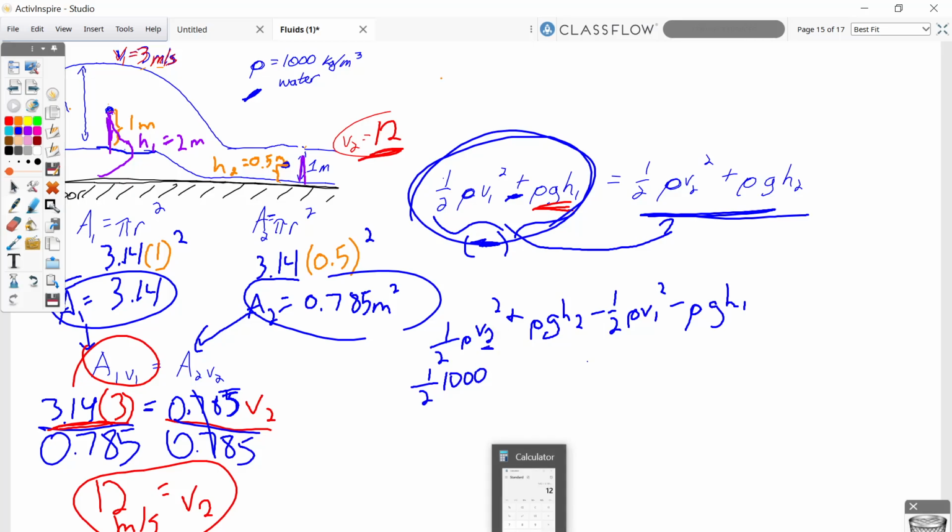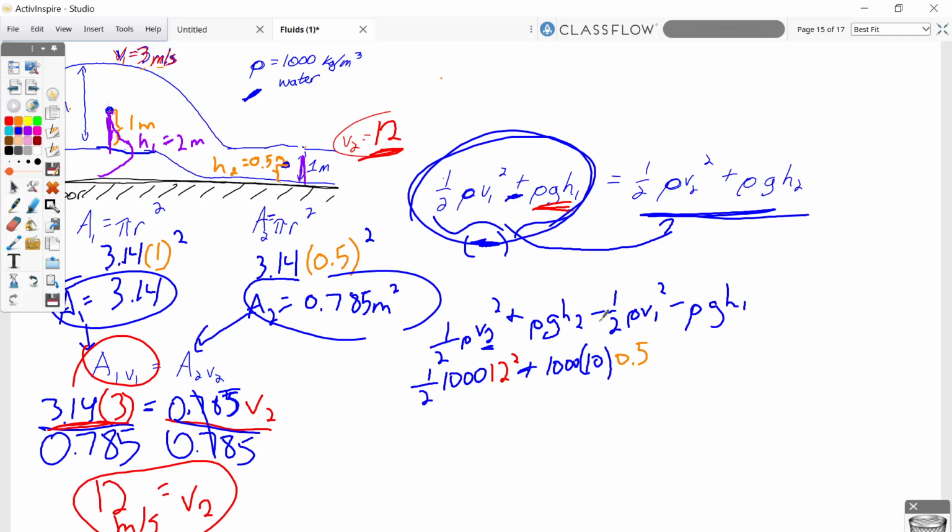My velocity 2. What is my velocity 2? I just got that. It was 12. Don't forget the squared. Okay, plus rho again, gravity, and our height, h2. h2, it's right here, 0.05, okay?